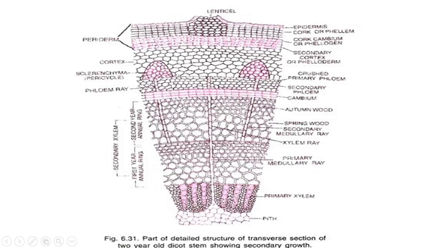Now after double staining, mostly the dead cells are red in color, and living cells, parenchymatous and phloem cells, turn green by staining with fast green or light green.